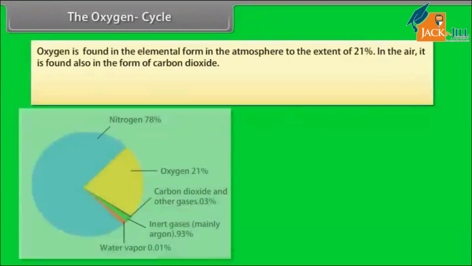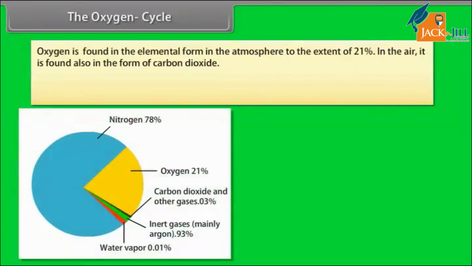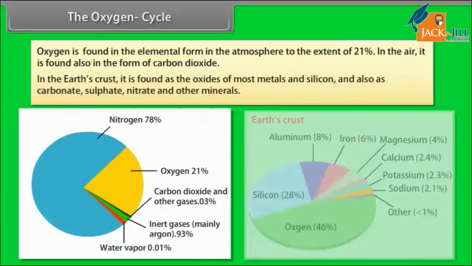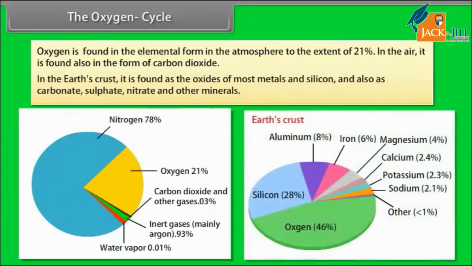The oxygen cycle. Oxygen is found in the elemental form in the atmosphere to the extent of 21%. In the air, it is found also in the form of carbon dioxide. In the Earth's crust, it is found as oxides of most metals and silicon, and also as carbonate, sulfate, nitrate, and other minerals.